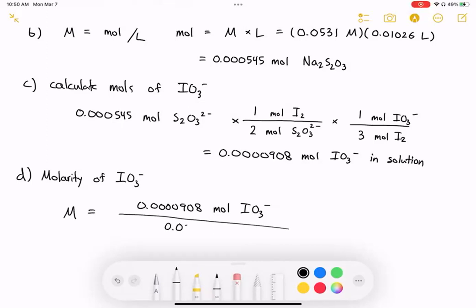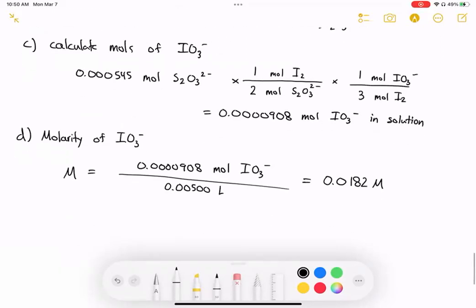So 0.00500 liters of solution. Now, if we divide our moles by that small number, we should get a value of 0.0182 molar of IO3 minus.